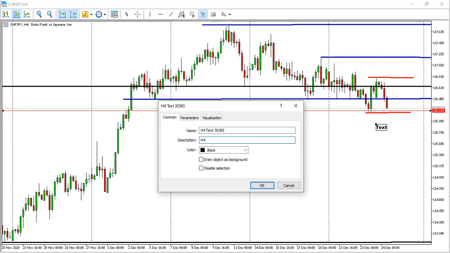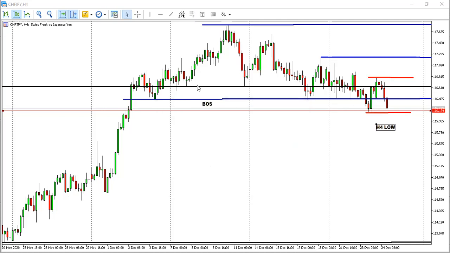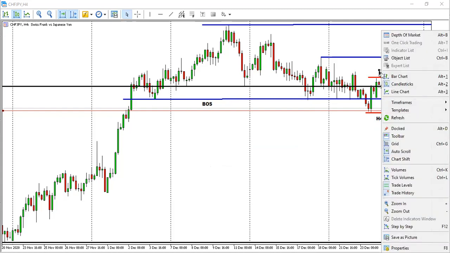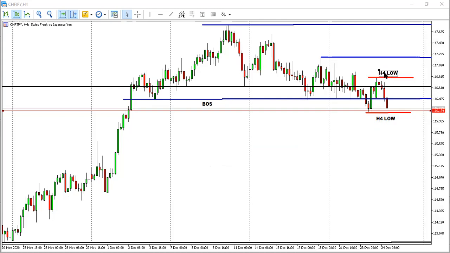On our H4 now, we have what we call the H4 low. So you should understand what I ought to put on the other line. This is our H4 low, and to the upward side, this will be our H4 high.